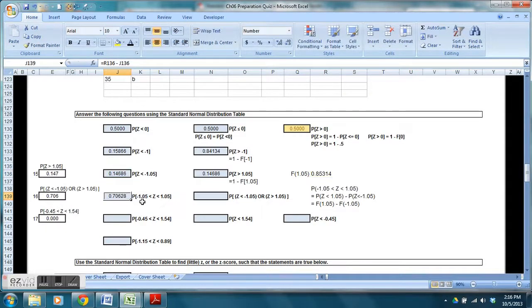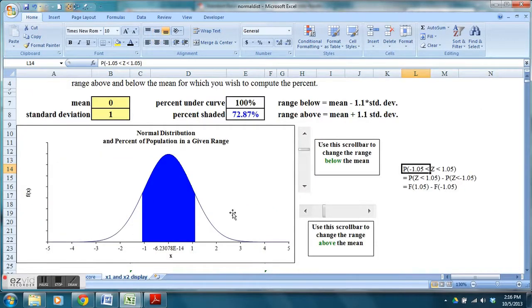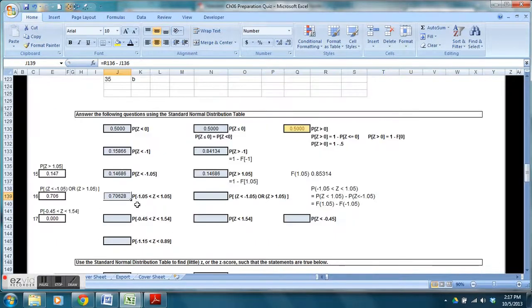There's a second way to do this, and that's to realize that these two tails are equal, and what's in this middle section is just going to be 1 minus the probability of these two tails. That's effectively what we did here.